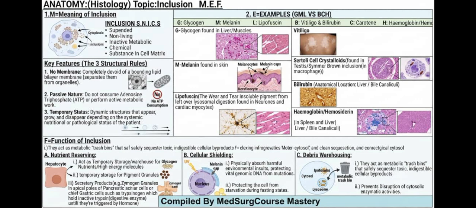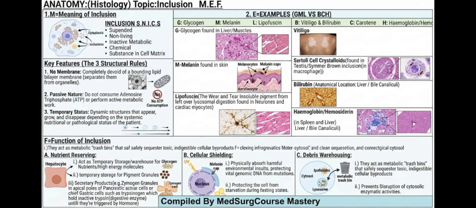So GML VCH. G for glycogen, M for melanin, L for lipofuscin, V for vitiligo, and then S for Sertoli cell crystalloid, SCC.